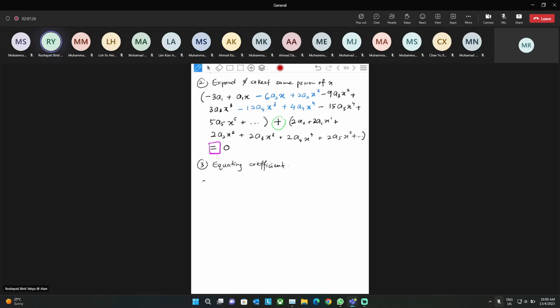It starts from x to the power of 0. So look at here, x to the power of 0, negative 3a1. Is there more? So this one negative 3a1. And then is there any other power of 0, meaning it has no variable x together with it. So plus 2a0.